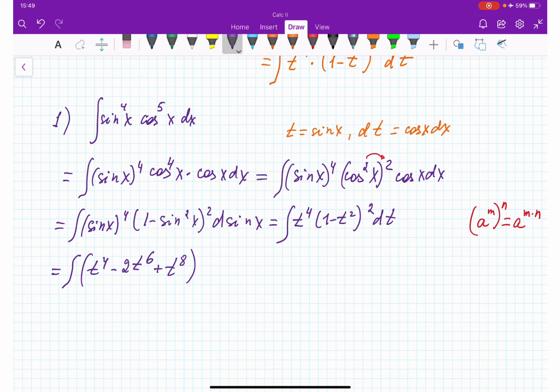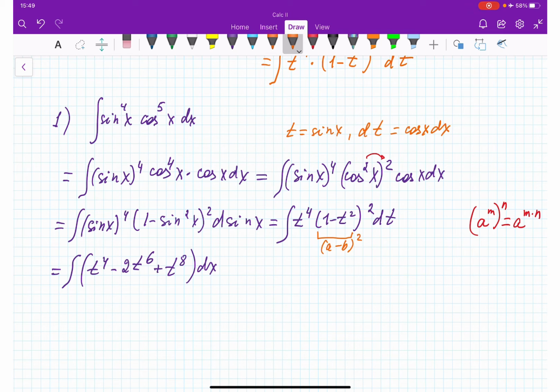How did I get this? So look here, 1 minus t squared, this is a minus b squared, right? We open a minus b squared and multiply by t4. Yes? 1 minus t squared, it's going to be 1 minus 2t squared plus t to power 4 and multiply by t to power 4. And that's what we get.